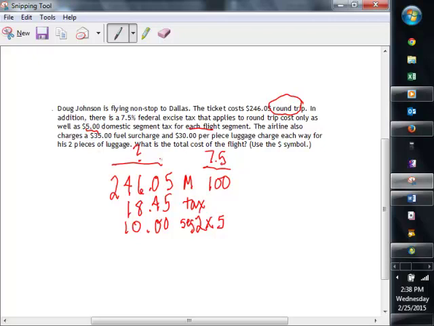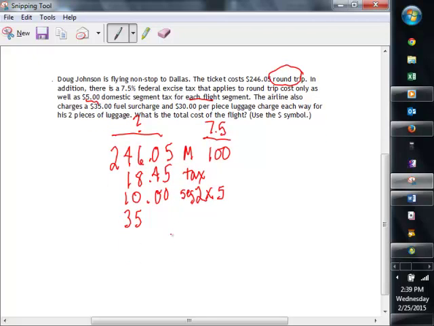And then $35 fuel charge. That's just for the whole flight. And then $30 per piece of luggage each way. So it's $30 times 2 pieces of luggage times there and back is $120.